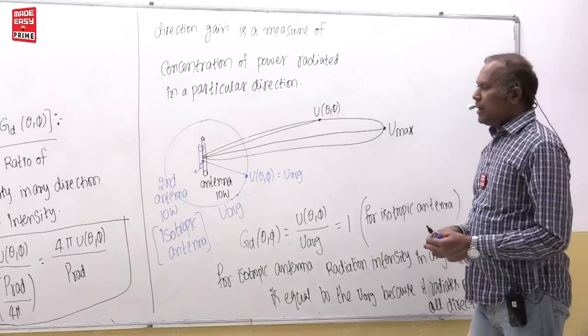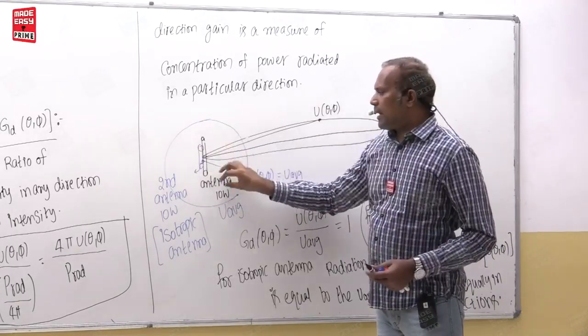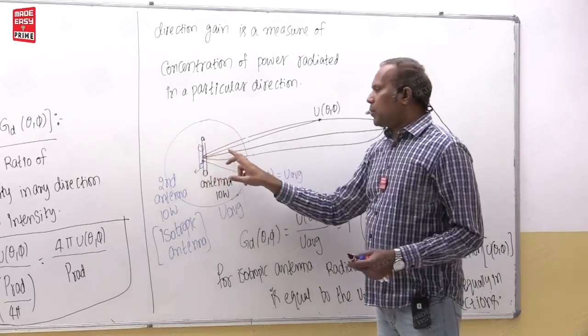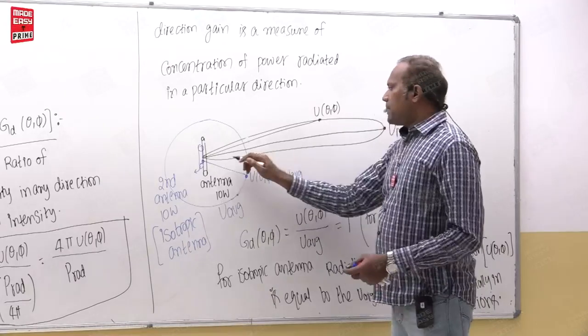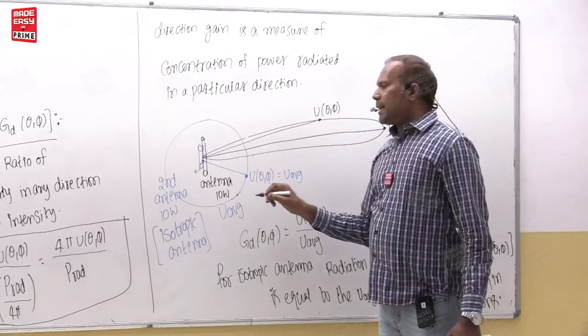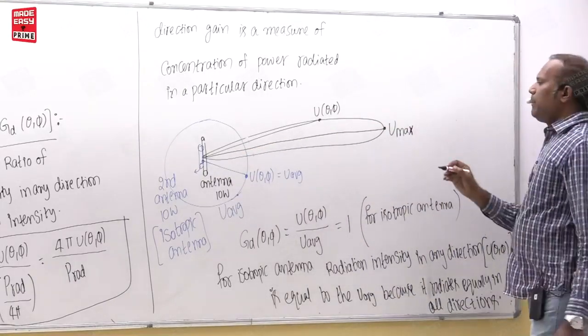For example, here this isotropic antenna radiates power equally. Now if I supply that power to a directional antenna, it supplies power to this volume. If it is a highly directional antenna, then the power goes like this pencil beam, as it is called.